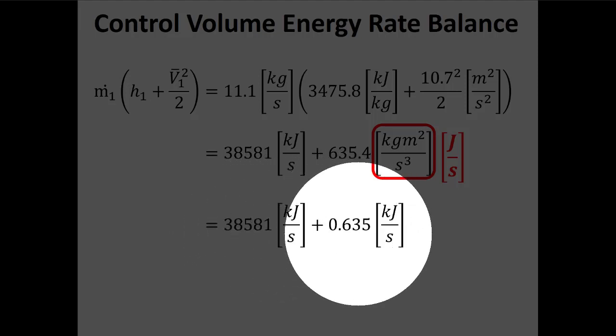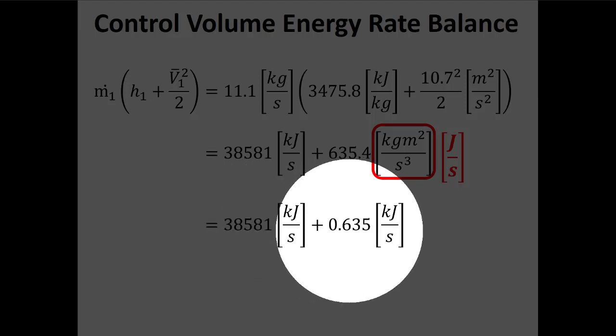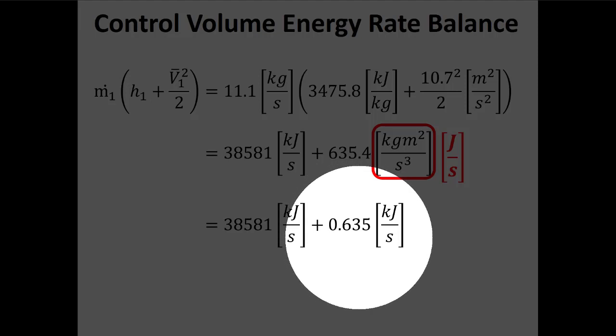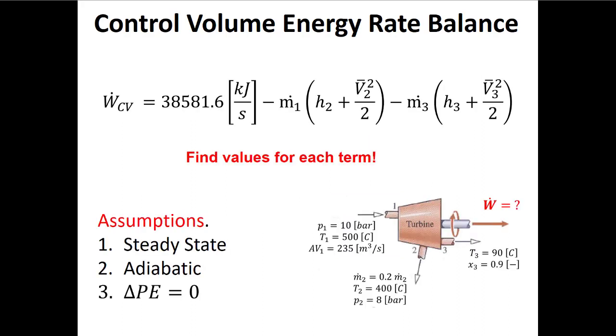From the kinetic energy, I get 0.635 kilojoules per second. This number is much, much bigger than this one, right? So maybe, and we'll try it both ways, if I neglected this term, if I said the kinetic energy wasn't important, I would get essentially the same answer. So this is 0.001% of the total power here at state 1.